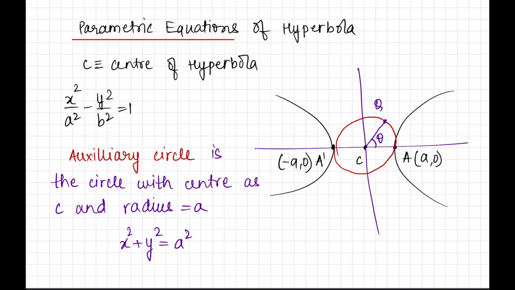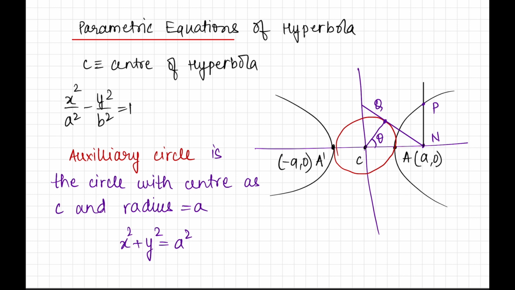Now, we draw a tangent at point Q in this manner, and this tangent intersects the x-axis at point, say, N. If we draw a perpendicular to the x-axis from point N, this line intersects the hyperbola at a point, let us say, P. So this is a point which we take on the hyperbola. Now we have to find the coordinates of point P.